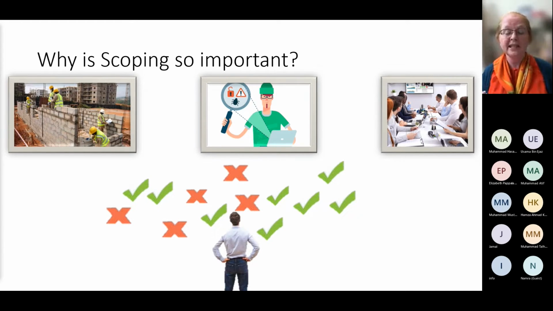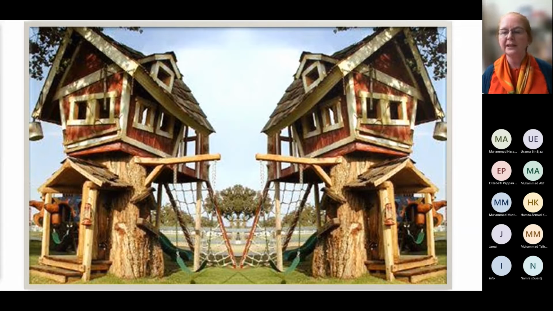And we only need to get one of those wrong, and we're looking at potentially a failed project. So therefore, it is not surprising that when the scoping goes wrong, we end up building a house that looks more like one of these than whatever you had in mind.